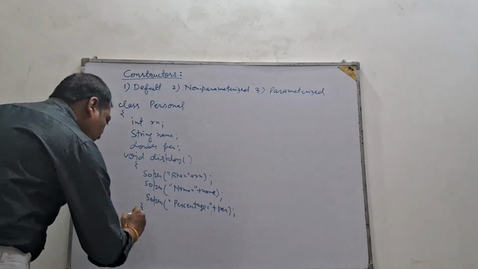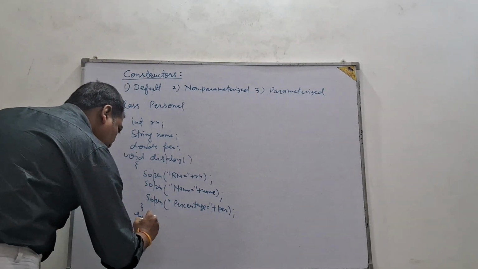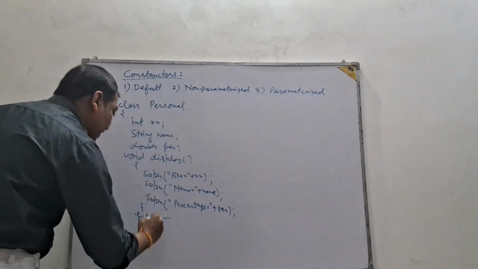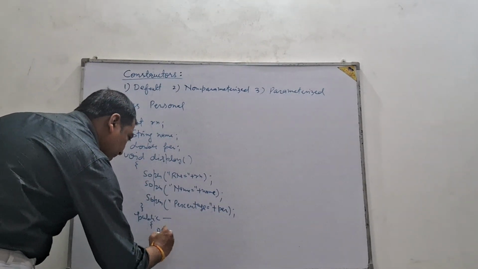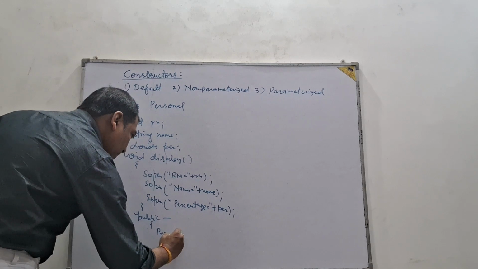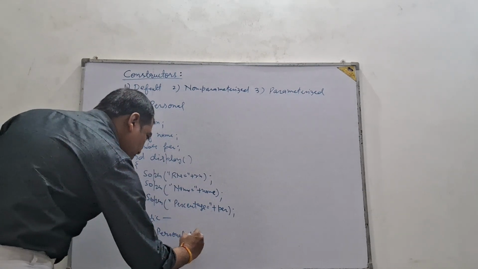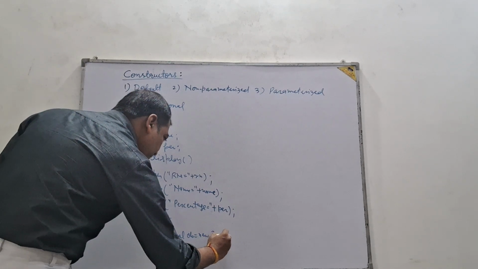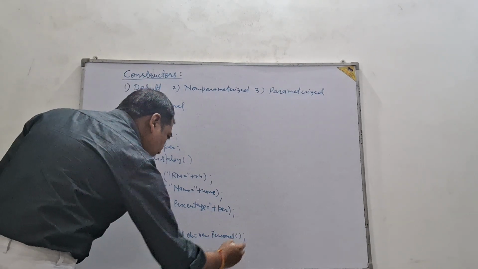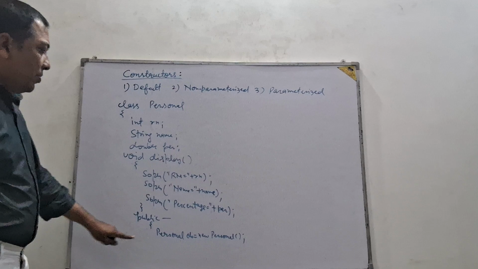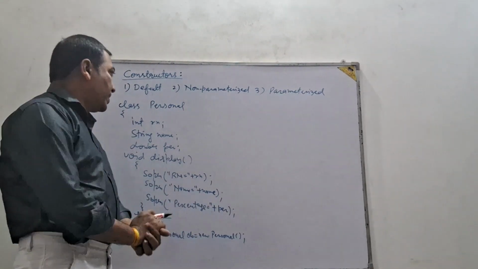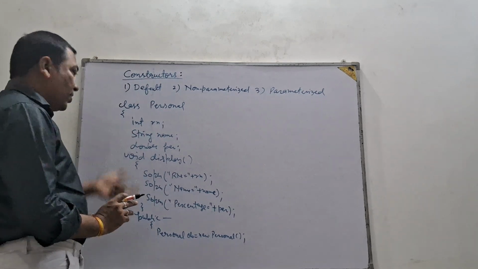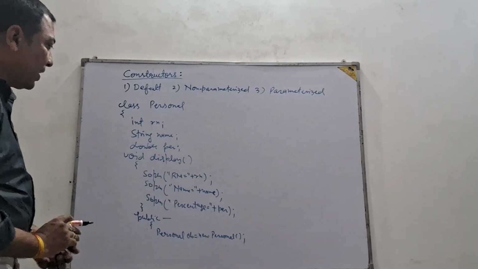Now public static void main function, and here we make an object of the Personal class: Personal ob is equal to new Personal. As soon as the object is created, the default constructor is invoked automatically. In this class, no constructor is there, so the default constructor is working.